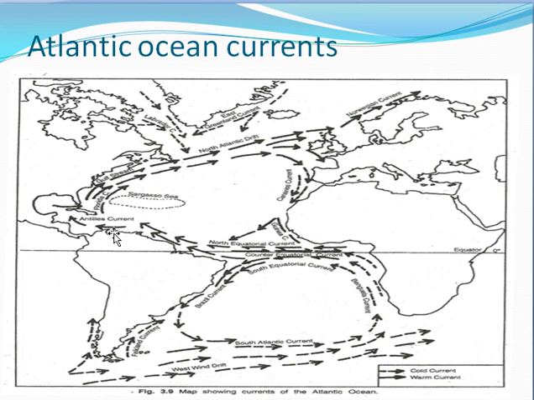Before that, the Caribbean current or equatorial current enters into the Gulf of Mexico through the Yucatan Channel, and after joining the Gulf of Mexico, this current comes out through the Florida Strait.